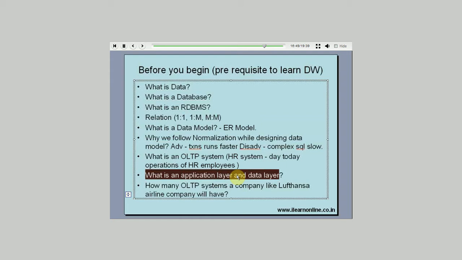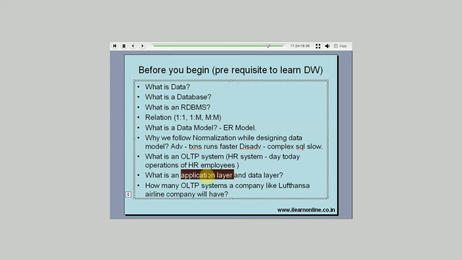These are all the places where you are feeding the data to your system from an application screen. That screen can be based on .NET, Java, or it can be a web browser. So there are many ways you push the data into your system. That is taken care of by your application layer.